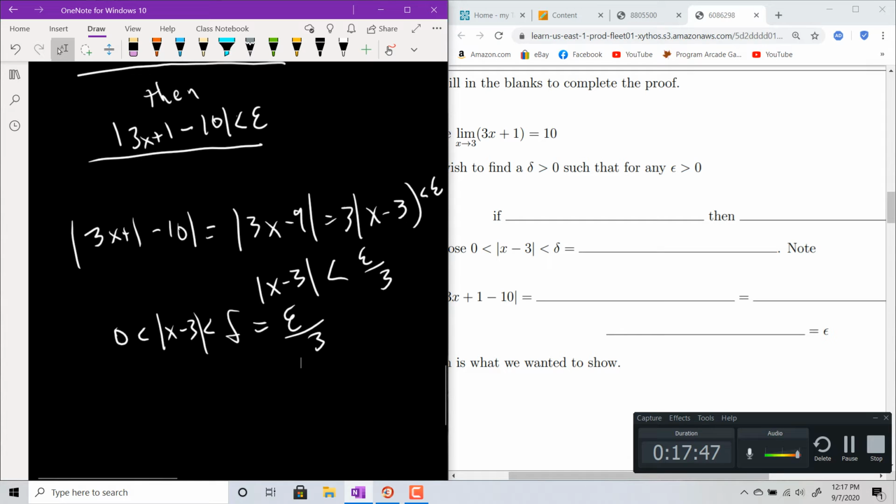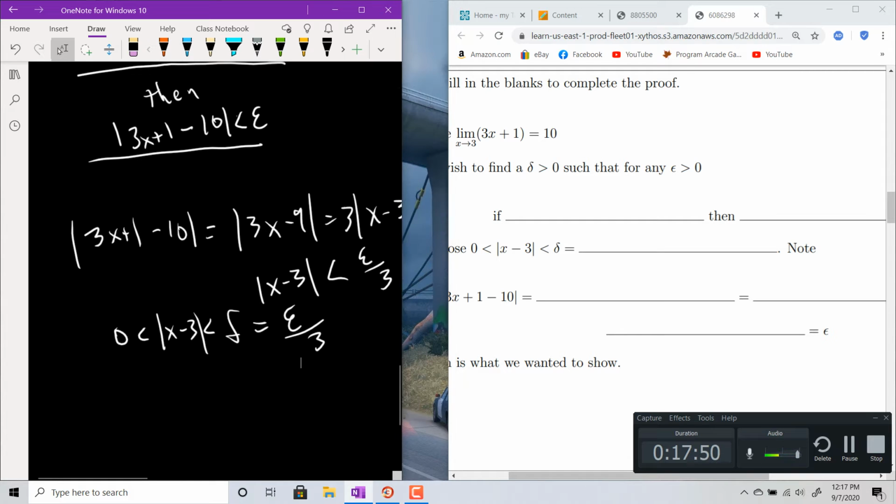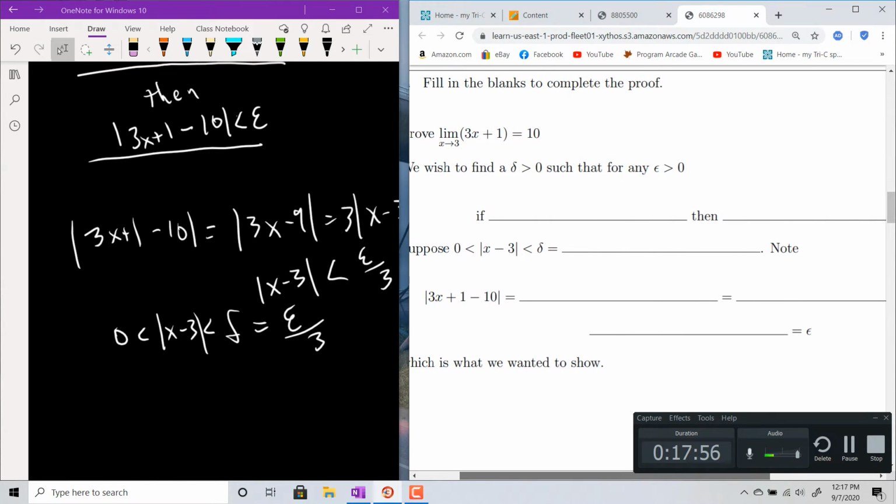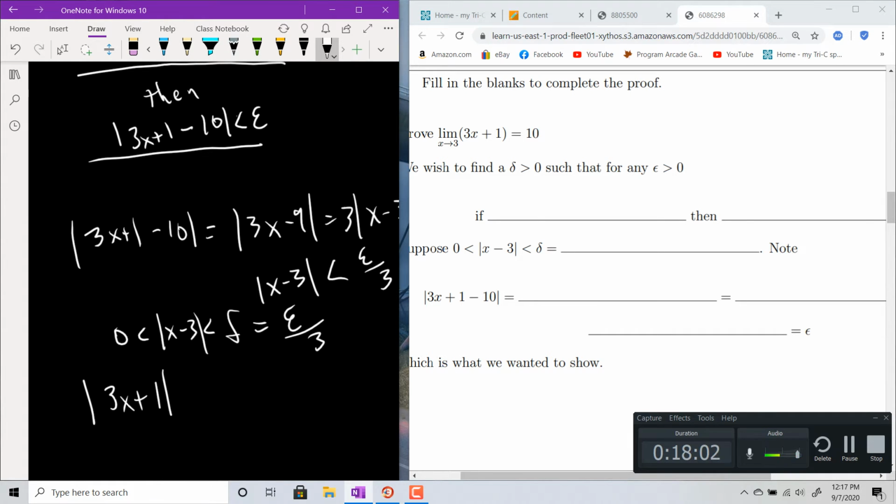So note, then it says, then you're writing 3x plus 1 minus 10 equals, and then you have a blank. So now you're just simplifying, right?